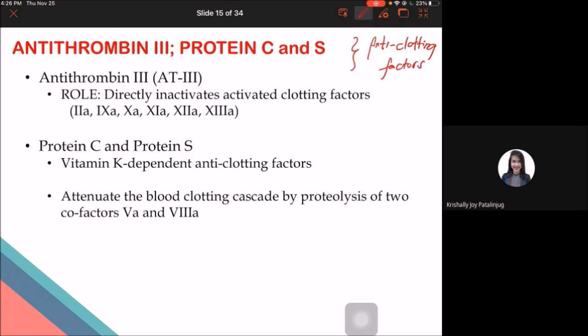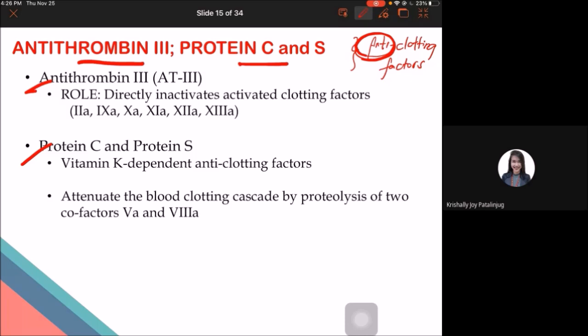So, kung anti-clotting factors sila, this tells us na they would prevent further clotting formation. Kasi anti, no? So prevent clot formation. Kasi nga, they are part of regulators sa clot formation. So, we have, again, antithrombin 3 and protein C and protein S.